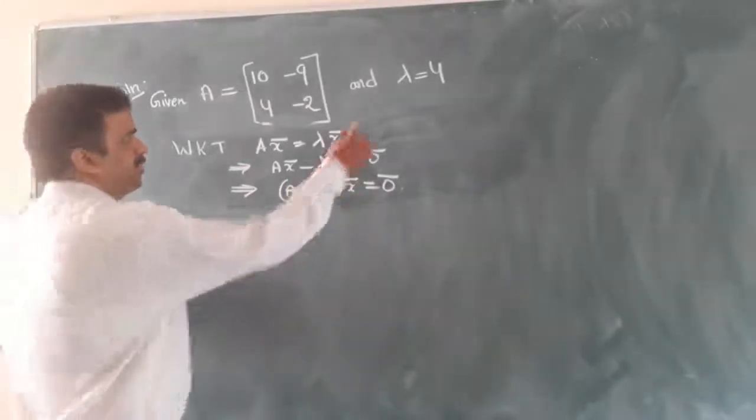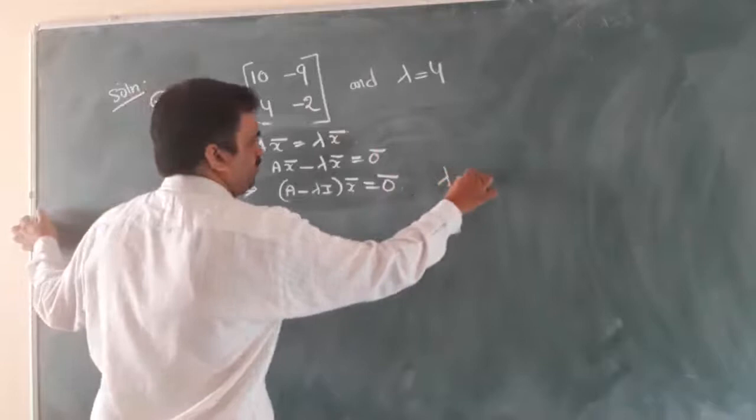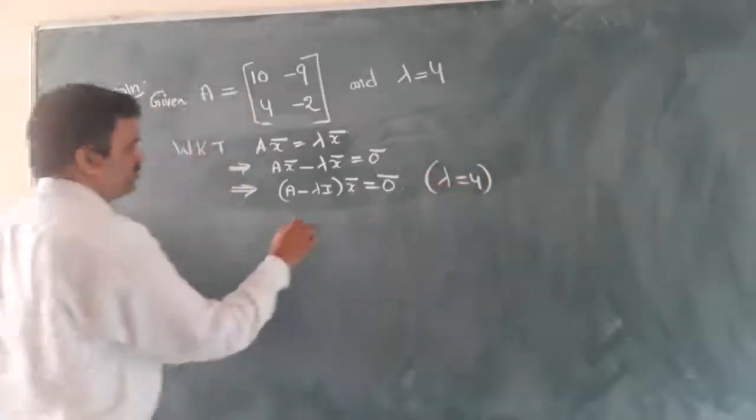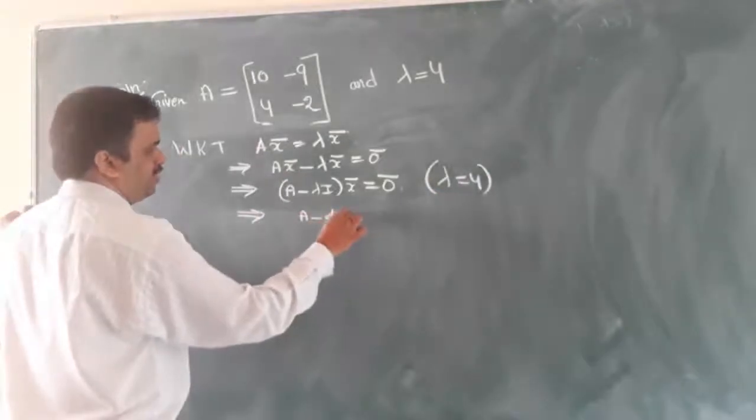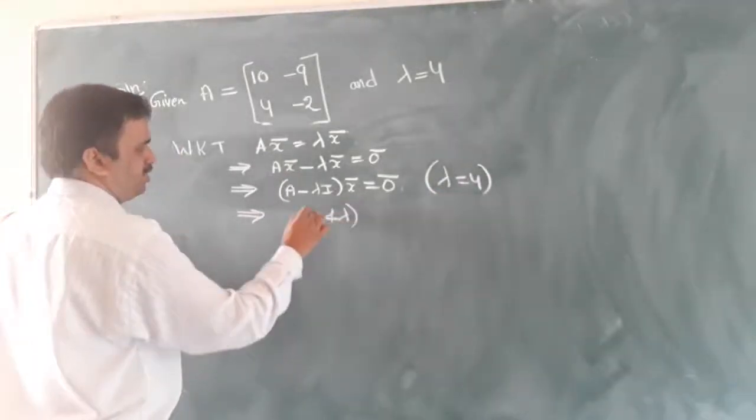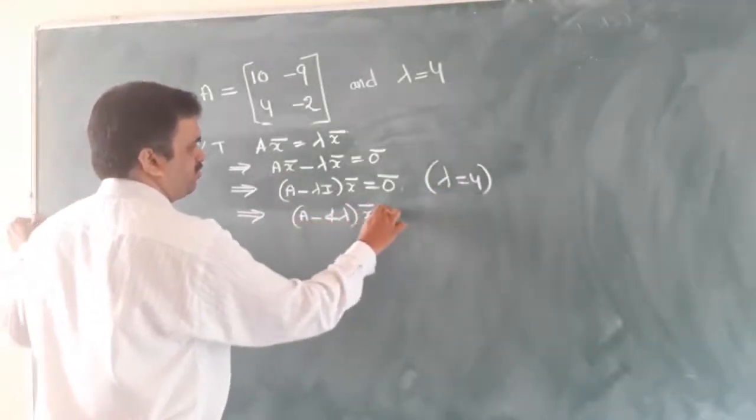Already we know the value of lambda, lambda equal to 4. Come on, substitute the value: (A minus 4I) x bar equal to 0 bar.